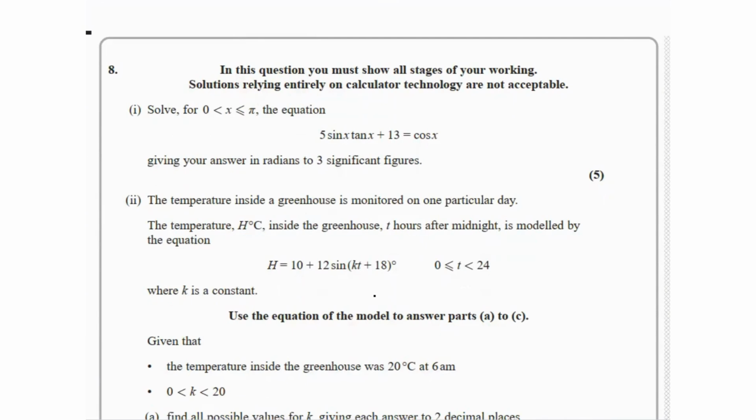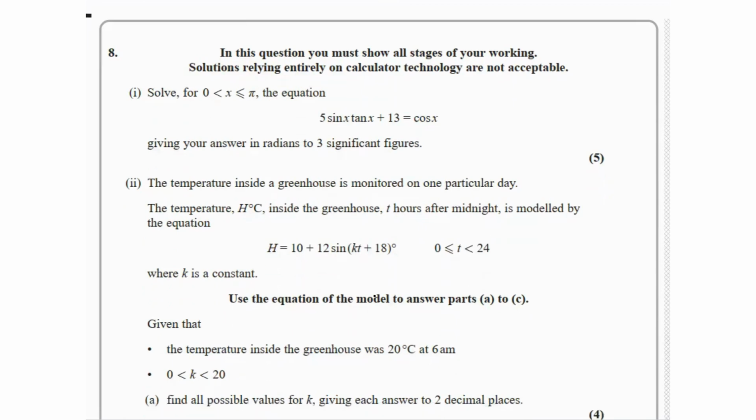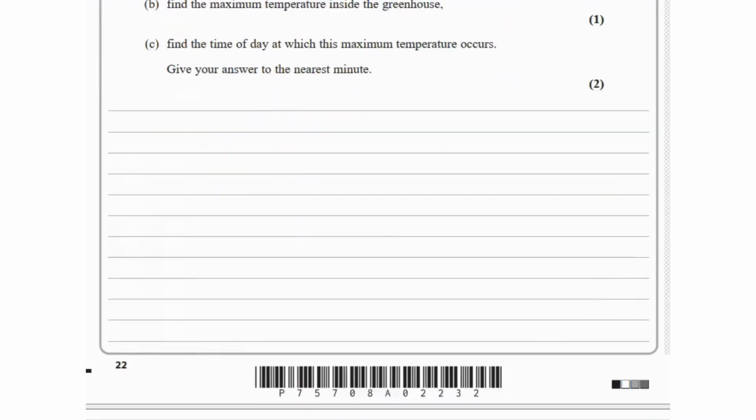Then solve for x from 0 to pi, the equation 5 sine x times tan x plus 13 equals cos x. Give the answer in radians to 3 significant figures. So for this, let's begin with rewriting tan x as sine x over cos x, plus 13 equals cos x.